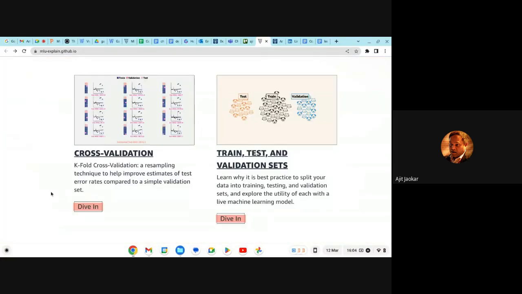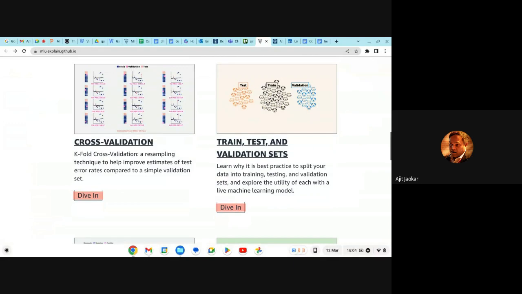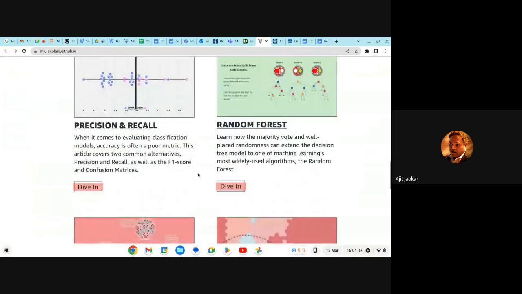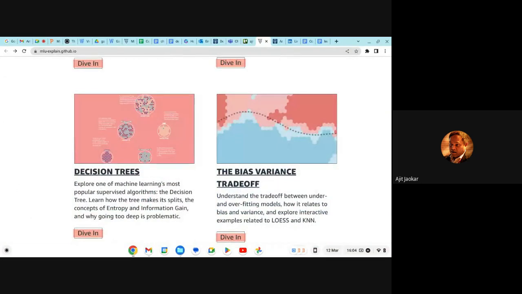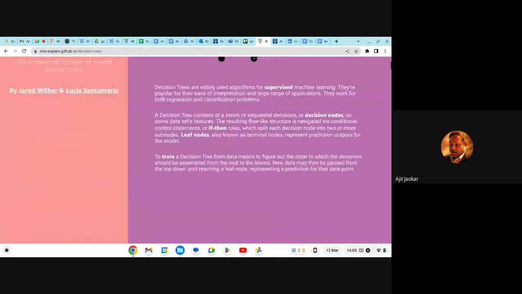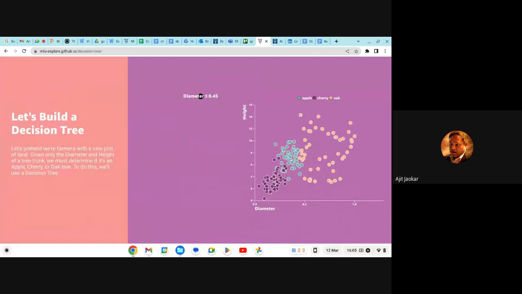The third one I would like you to see is a random forest model. Okay, decision tree, that's a good one. Decision trees are ways in which you split something. You have a root node, you start off with something like that.